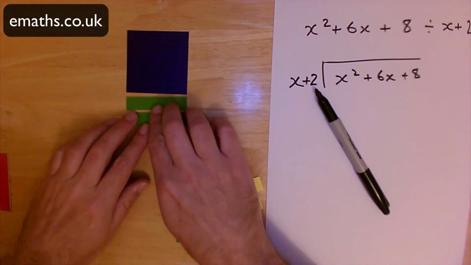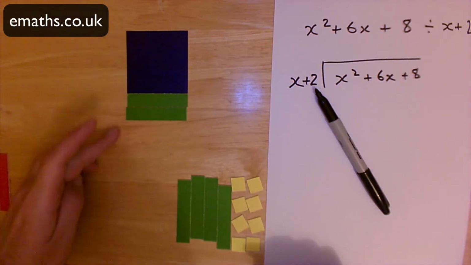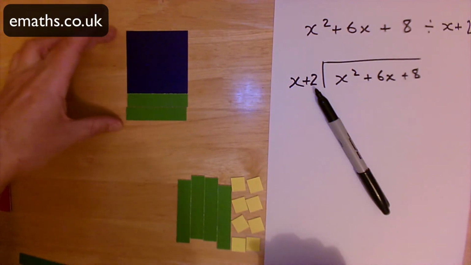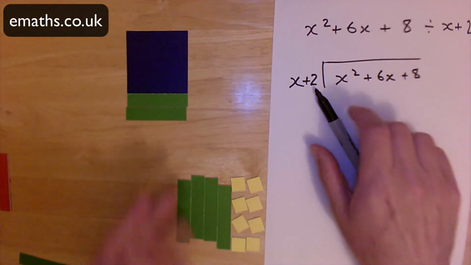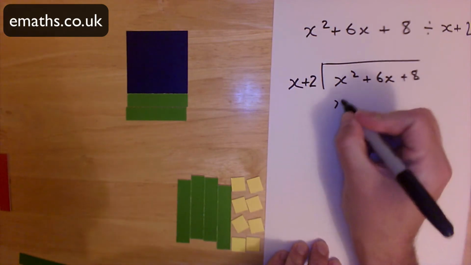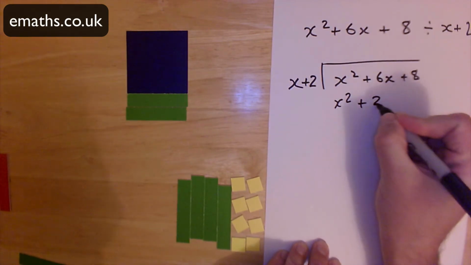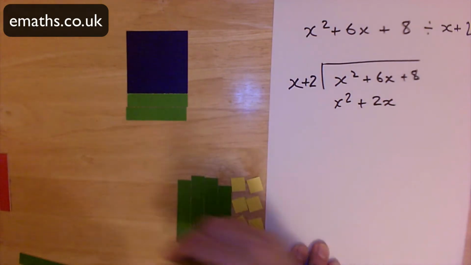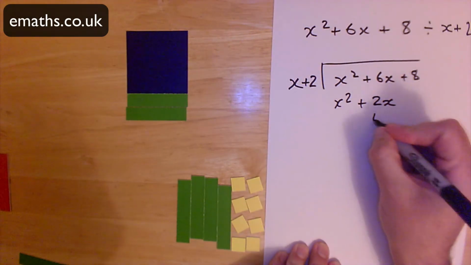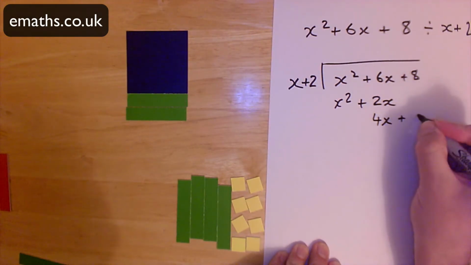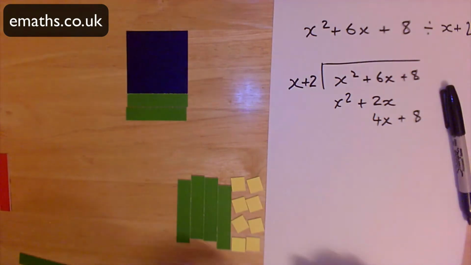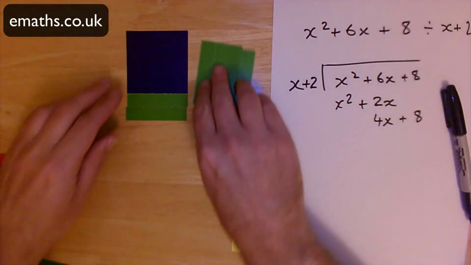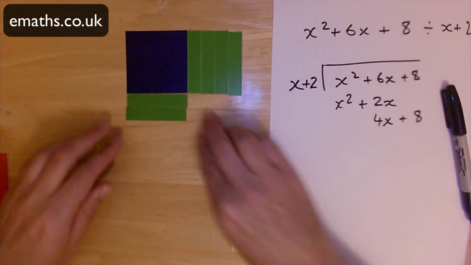So I can take this one here and create a length of x plus 2. And now I need to keep this length constant. I've just removed x squared plus 2x from the system, and I have remaining down here 4x plus 8. And I want to make a perfect rectangle, which I can do.